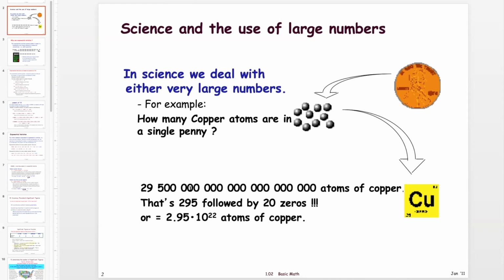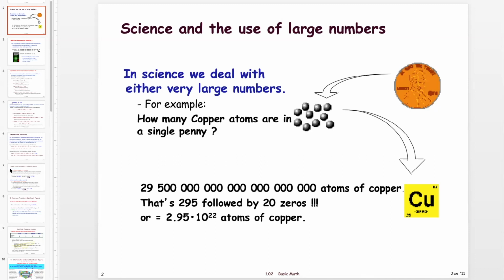So you can write this as 295 times 10 to the 20th or 2.95 times 10 to the 22nd, because all those zeros really don't contain information. If you take 10 and multiply it by itself 22 times and you multiply it by 2.95, you get the same number. That's the whole idea of exponential notation, okay?